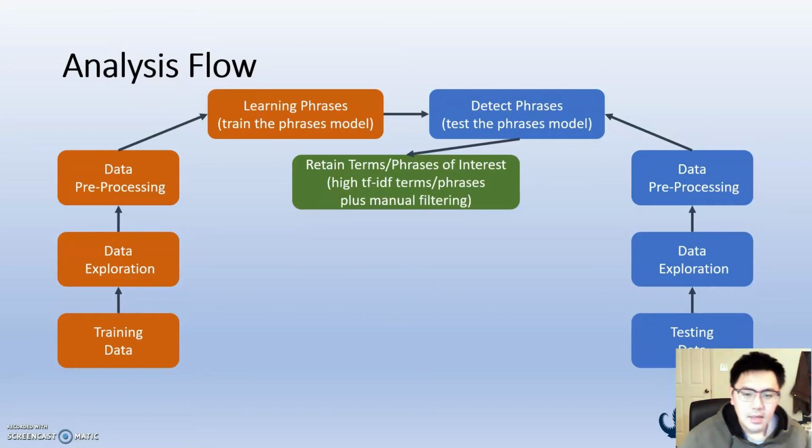And the next step is that we need to retain the terms and phrases of our interest. So we use the TF-IDF model to filter out those highly weighted words or phrases across these articles. But this is actually not enough.